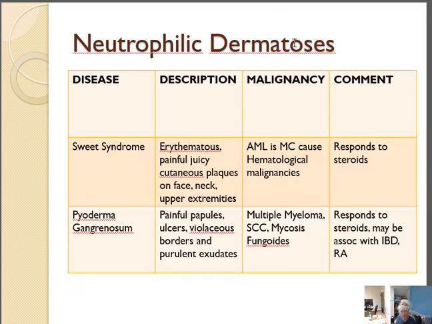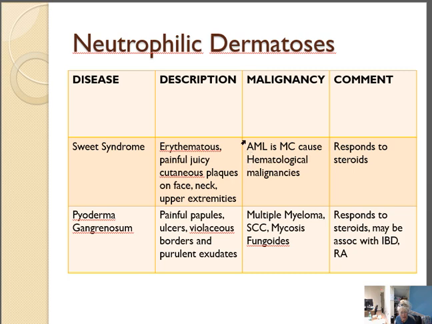Neutrophilic dermatoses, or Sweet syndrome, or pyoderma gangrenosum. The malignancy is in multiple myeloma, small cell cancer, mycosis fungoides, which is a type of lymphoma. Sweet syndrome, erythematous, it's painful, juicy cutaneous papules on the face and extremities.